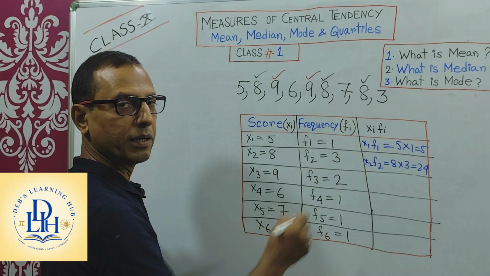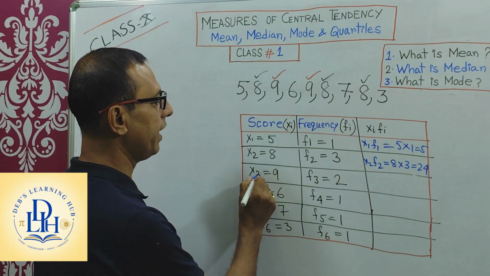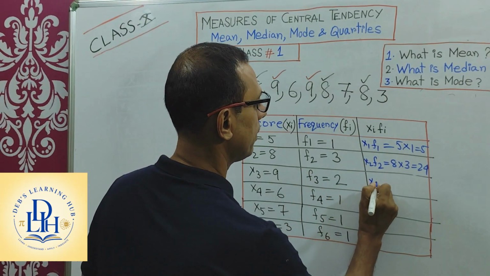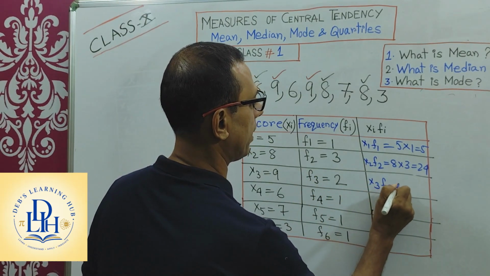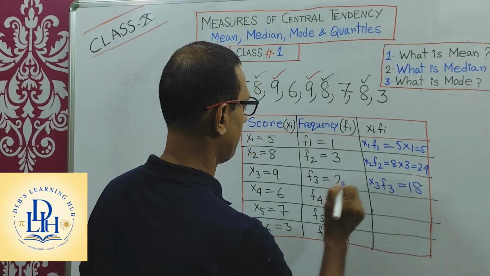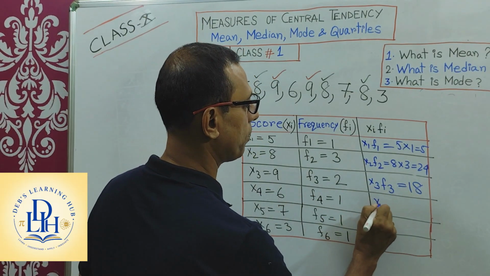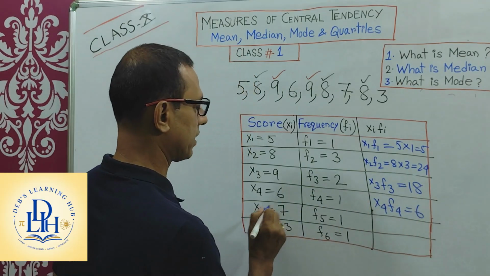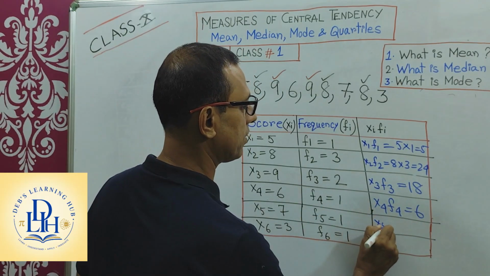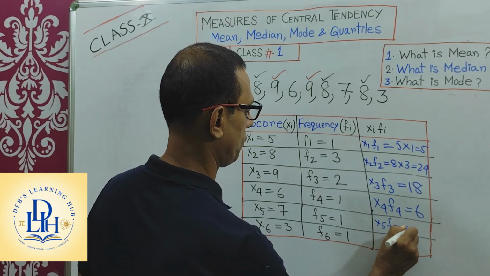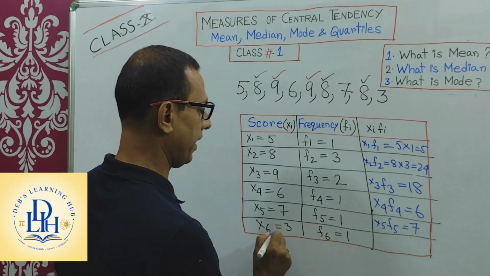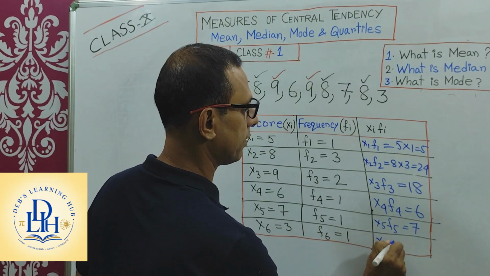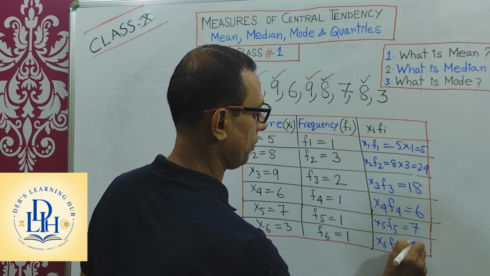Similarly, x3 f3 equals 18. x4 f4 equals 6. x5 f5 equals 7. And x6 f6 equals 3.